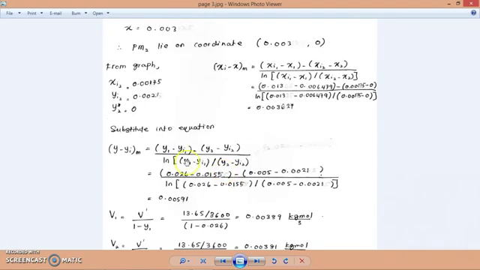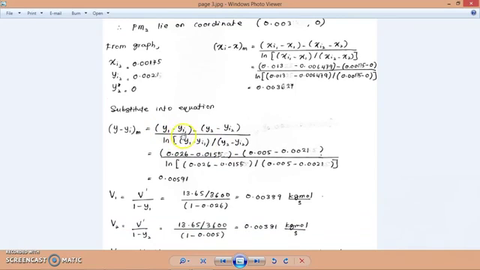So to solve y minus yIM, this is the equation: (y1 minus yi1) minus (y2 minus yi2). See, the y1 and y2 are already in the material balance, and yi1 and yi2 you get from the graph. So if you don't have the slope tools in your graph, you cannot find the values for yi1 and yi2.